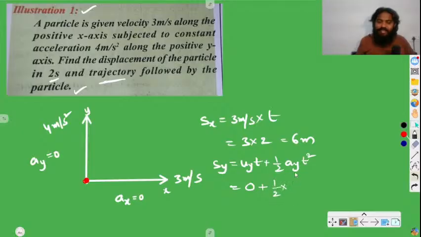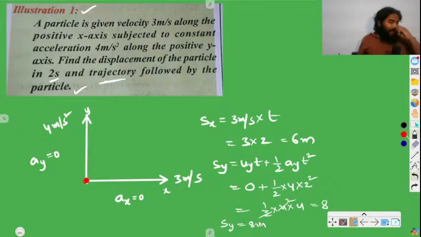Half into the acceleration along the y-axis, which is 4 meter per second square, so you write 4 into t square, with t being 2 seconds, as he asked for 2 seconds. So you write 1 by 2 into 4 into 4, right? The 2 and this 2 cancel, and 2 fours are 8. The displacement along the y-axis is equal to 8 meters. Clear, right?